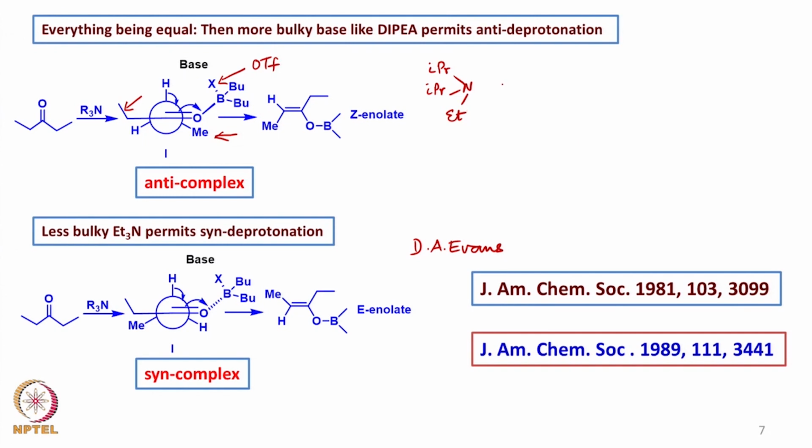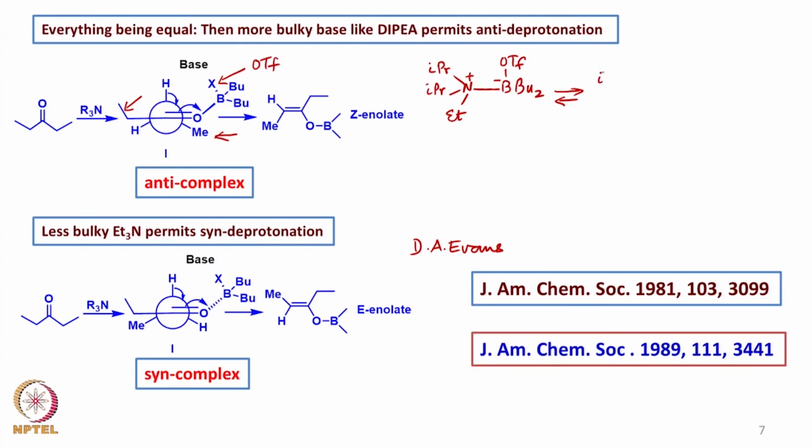This is a large base, and therefore, when this reacts with a boron triflate, say for example this Bu2BOTf, then it forms a kind of complex like this, which is in equilibrium with the free form.